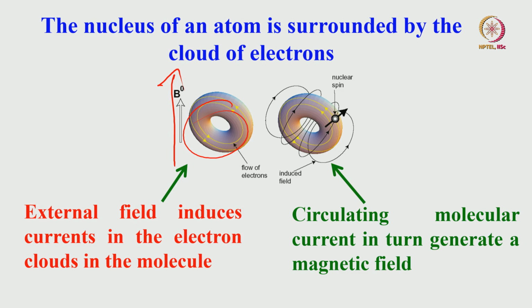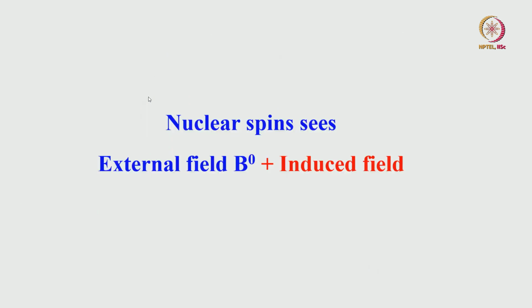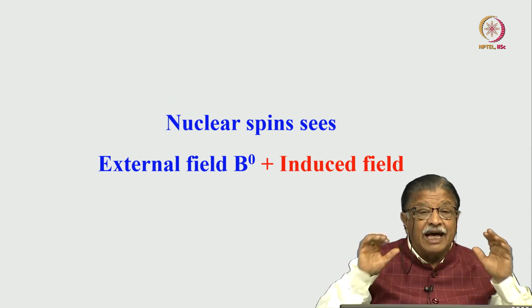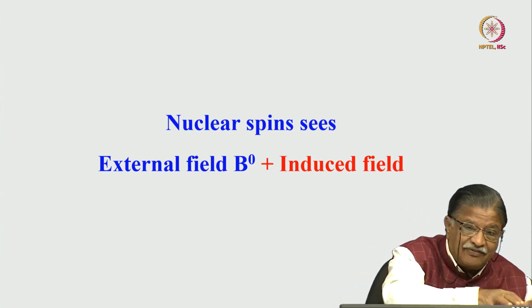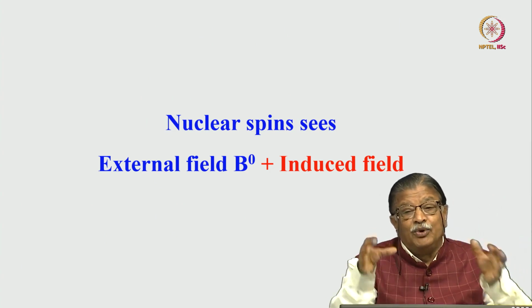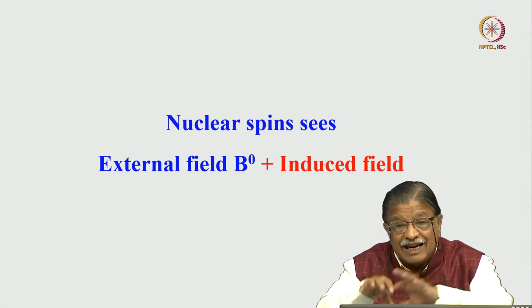The concept is simple, please understand. Put this molecule, any molecule of interest, in an external magnetic field. The external field induces currents in the electron clouds, and the circulating molecular current in turn generates a magnetic field. As a consequence, nuclear spins see not only the external magnetic field but also the induced field because of the electrons.